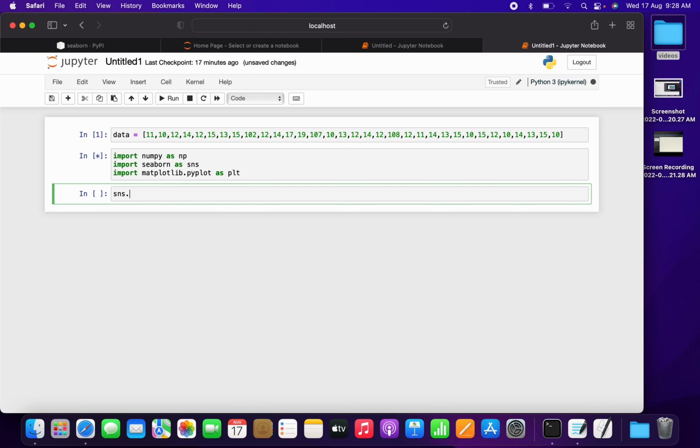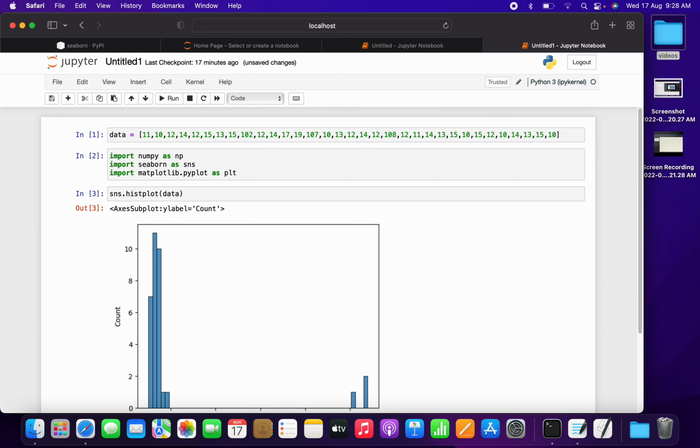Seaborn is used for drawing. We can try the histogram here. See the data.